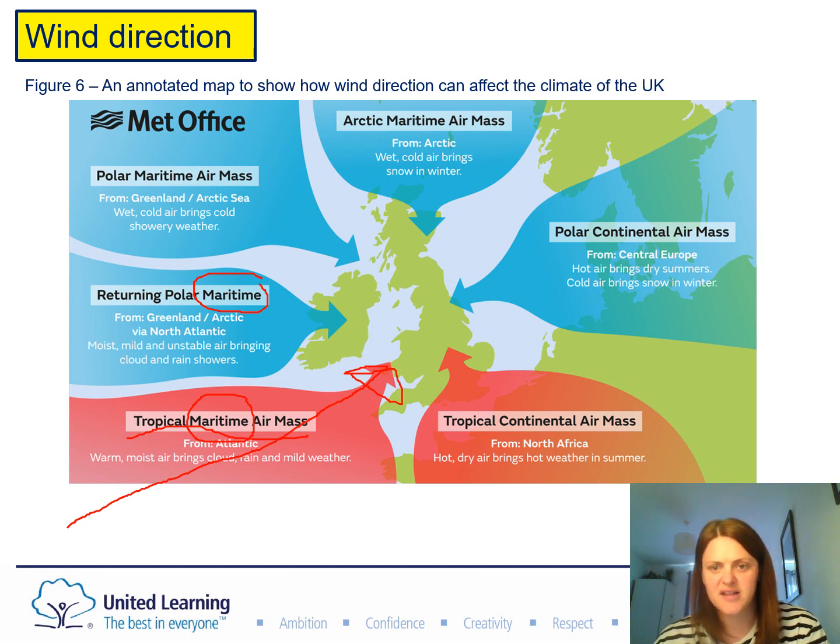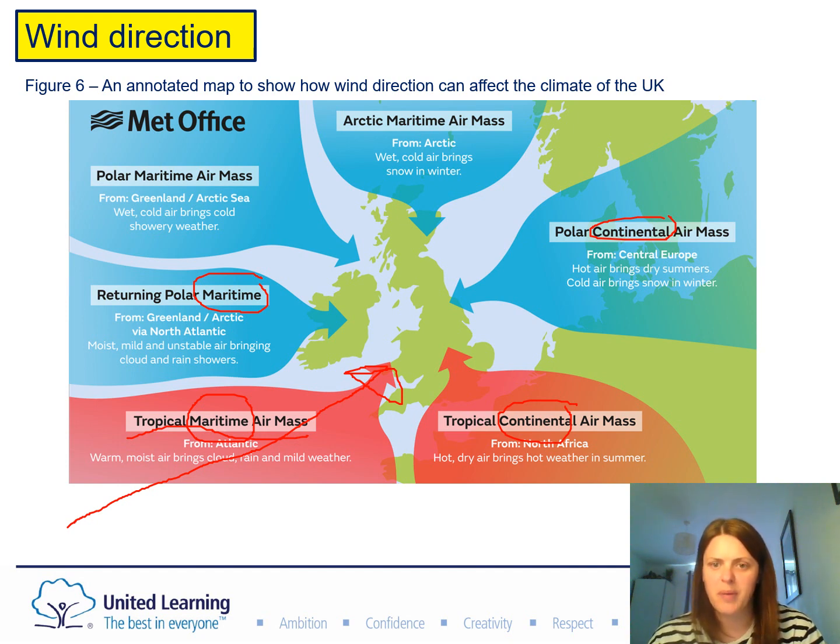Any wind that is coming over land, so continental, as you can see here, means that it won't be picking up as much moisture as it blows across land. So that means that if we get continental air, it's going to bring dry weather. And here it depends where it's coming from.